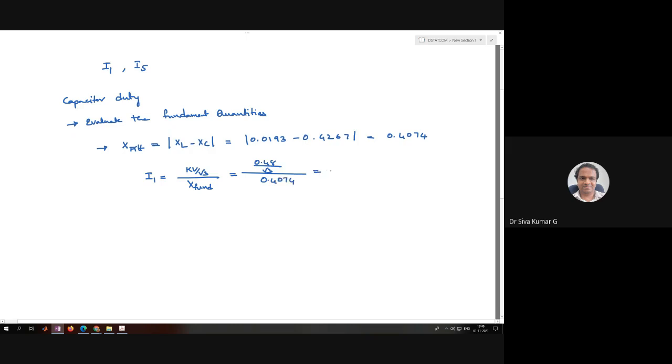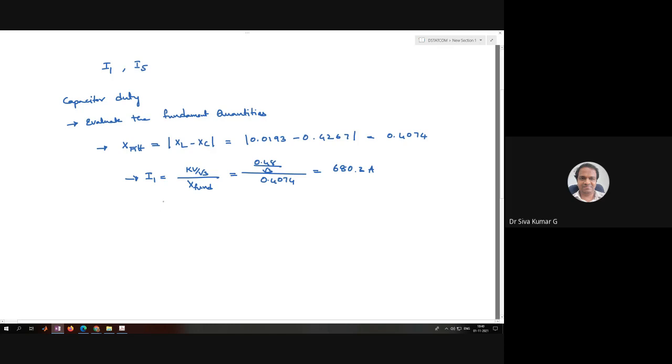We get a current of 680.3 amperes. We are evaluating the fundamental quantities across the filter and across the capacitor.